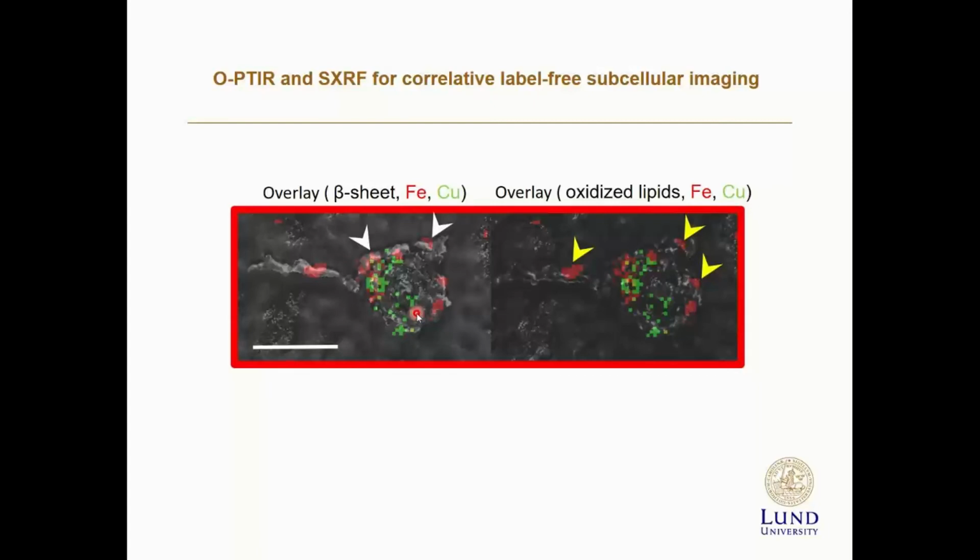So this is an interesting phenomenon that opens new possibilities for further research, whether there is a difference between iron clusters that co-localize with beta sheet structures, and whether there is a structural difference between those beta sheet structures that are co-localized with iron.